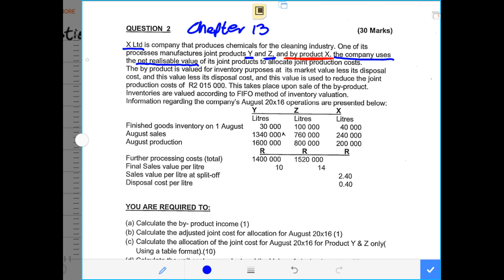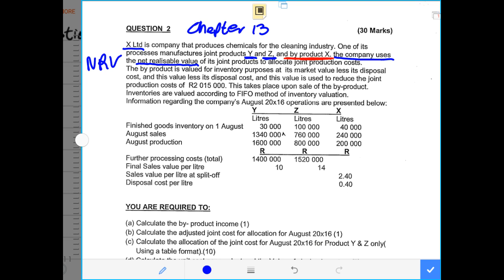That means the company uses the net realizable value method to allocate its joint cost, and this joint cost will be allocated to product Y and also to product Z. As I mentioned, we don't allocate joint cost to a byproduct because it was not the intention of the company to manufacture a byproduct. You cannot incur cost for something that you did not intend to manufacture. Cost will only be allocated to products that the company intended to manufacture, which in this case will be product Y and product Z.